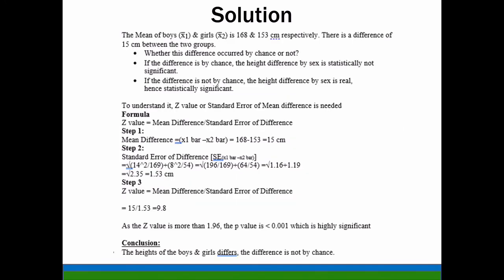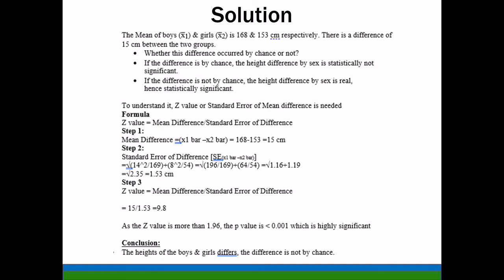So the mean of boys, x1 bar, and girls, x2 bar, is 168 and 153 centimeters respectively, and the difference is 15 centimeters between the boys and the girls. Whether this difference occurred by chance or there is a difference, definitely there is a sex related difference in the height.